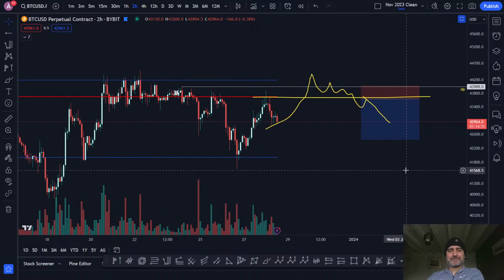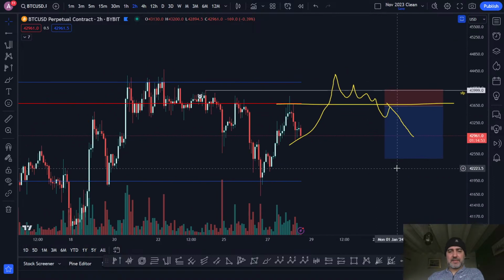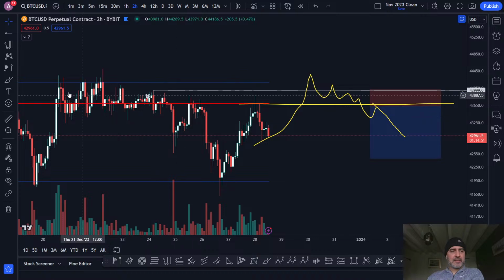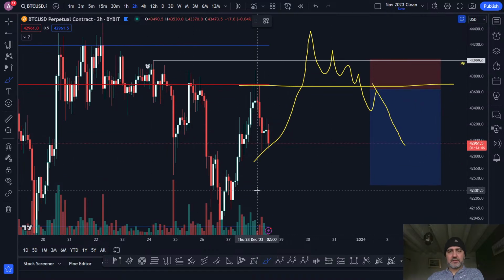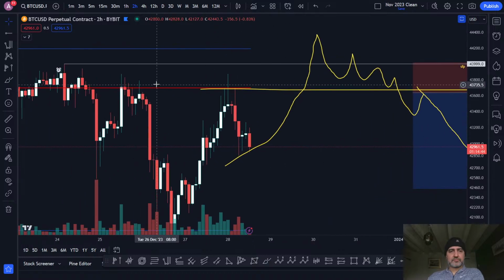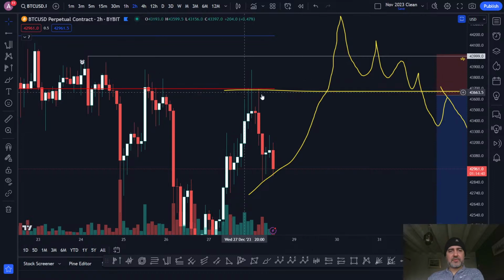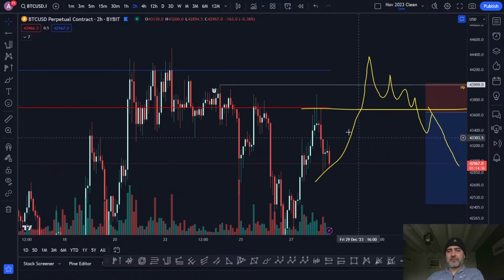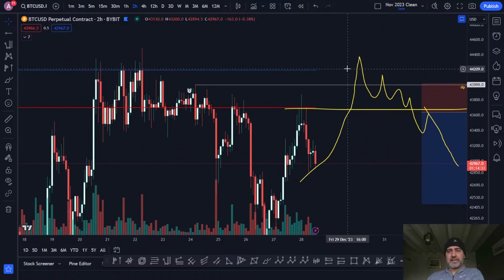Which one do you take? It's a good question, because sometimes this high will come in and take the first one, then come and take the second one, and then take the third. Basically, it could take as many as it wants until it finds an equilibrium before the price reverses.